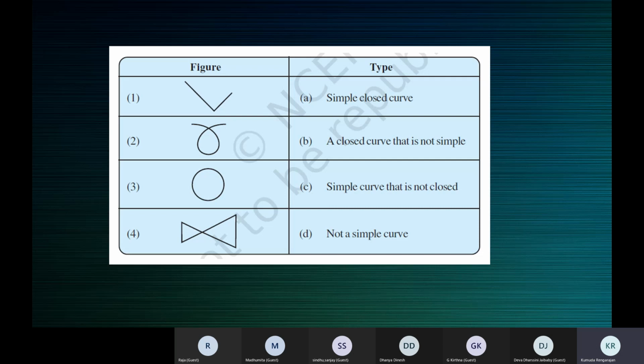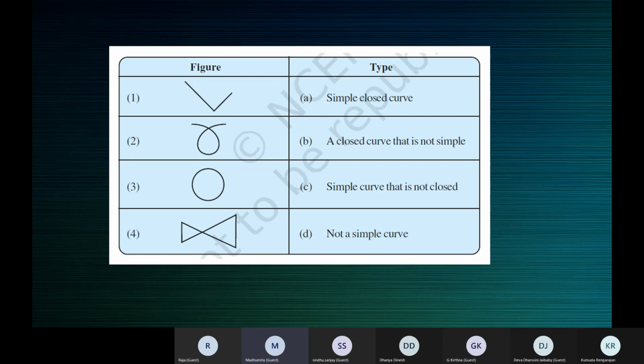You can just have the answers like 1A, 2D, 3C, like that. Done, ma'am.